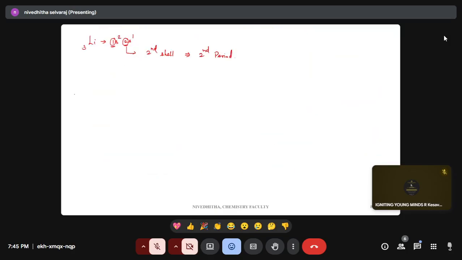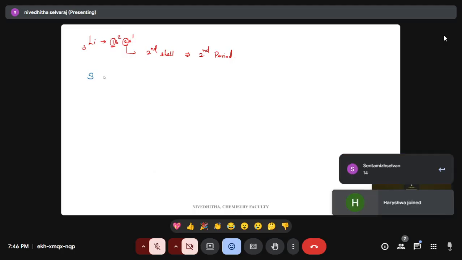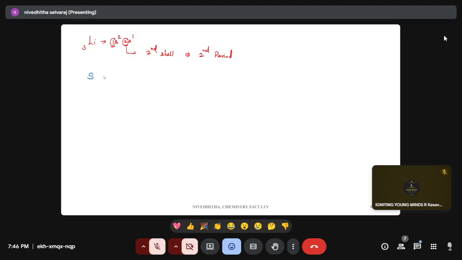Okay. What is the atomic number of sulfur? If it is 15, then that is phosphorus. Atomic number of sulfur. It is not 14. Silicon is 14.